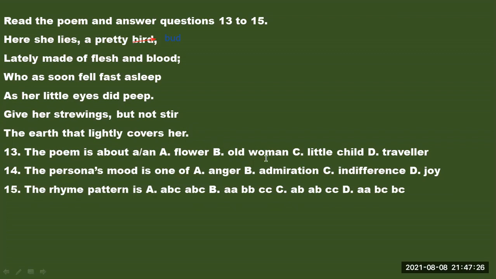The option B is old woman. As far as I am concerned, I can't find anything in the use of words here that will give us a clue that it is about an old woman. You see, there is something we call context clues.